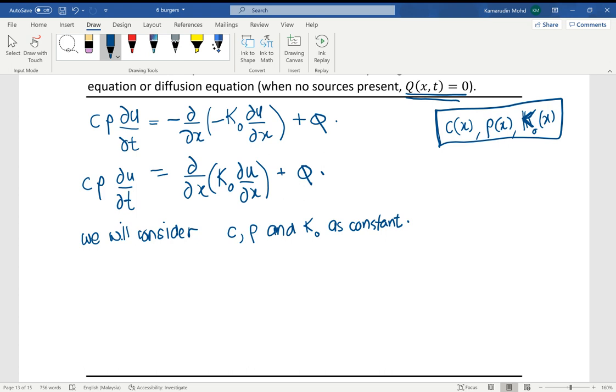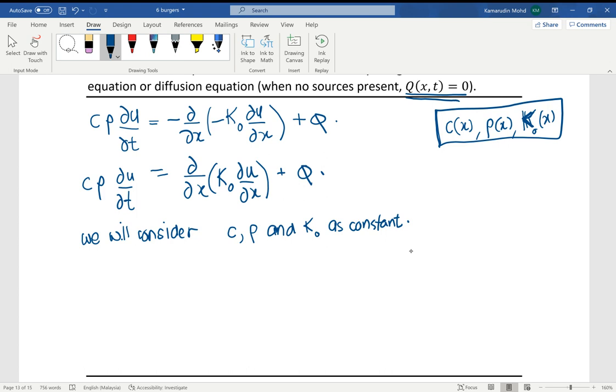If you find other sources, maybe in the advanced level, there is a heat equation that consists of C rho k naught in terms of x function. But for our scope here, for this course, we will consider C rho and k naught as a constant, meaning it does not depend on x. It is not in terms of x. It is just a number for C rho and k naught.